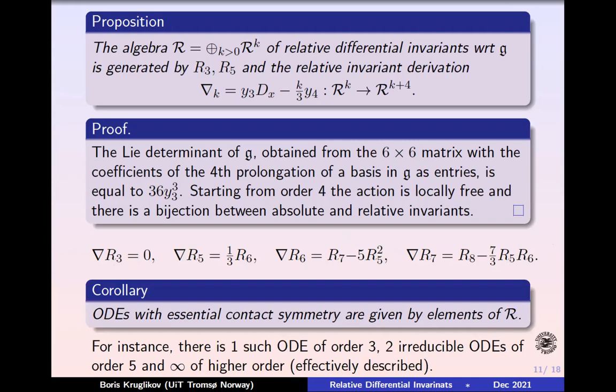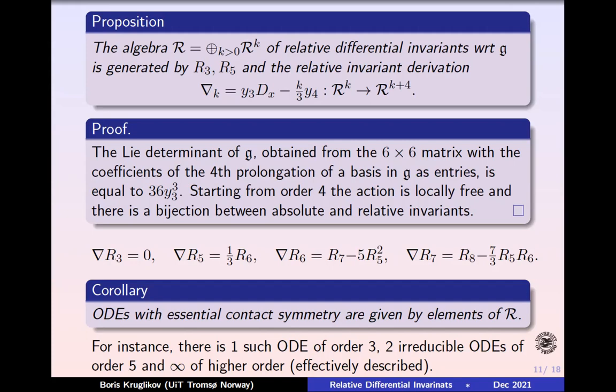Corollary: if you would like to describe ODEs with essential contact symmetries, this means that by no contact conjugation can I bring this ODE to an ODE with only point symmetries.